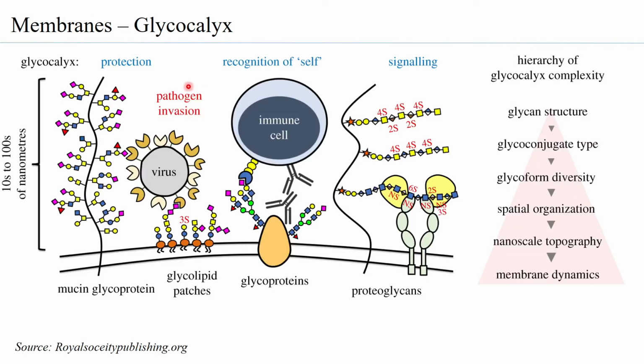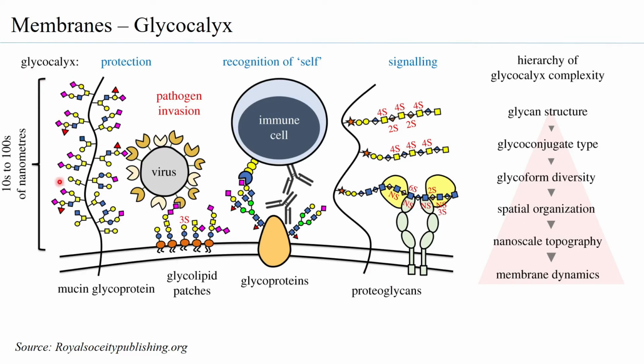Now, because you have on the surface an array of different sugars present, these sugars together form a kind of microenvironment, and this microenvironment extends nanometers from the actual membrane, and therefore forms a protective barrier.